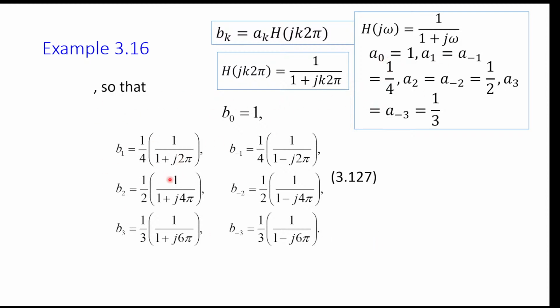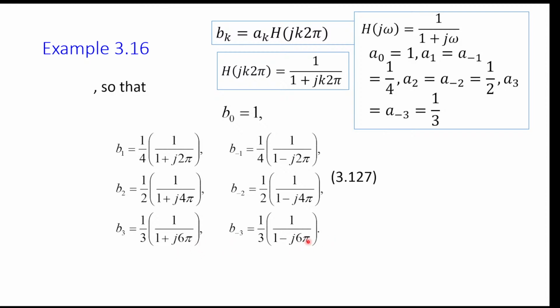Okay, and so we see that for different k we have a different b_k. So b_0 equals 1 because for k equals 0 you have a_0 times H of 0. For k equal to plus minus 1, you have a_1 and a_minus 1, so it's 1/4 times 1 over (1 plus minus j 2 pi). Then for k equal to plus minus 2 you have plus minus 4 pi here, and for k equal to plus minus 3 you have plus minus 6 pi here.